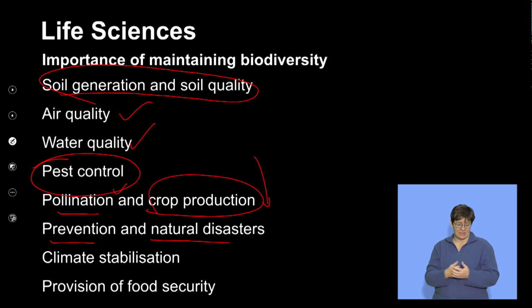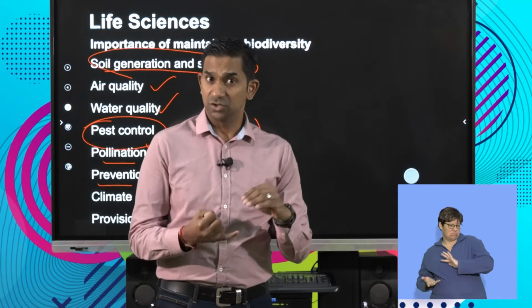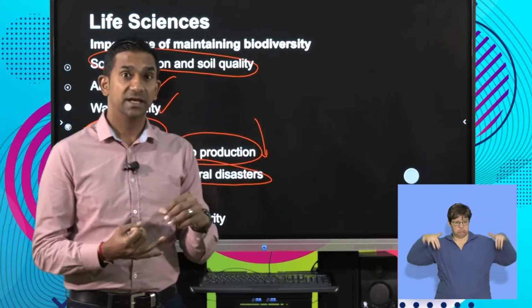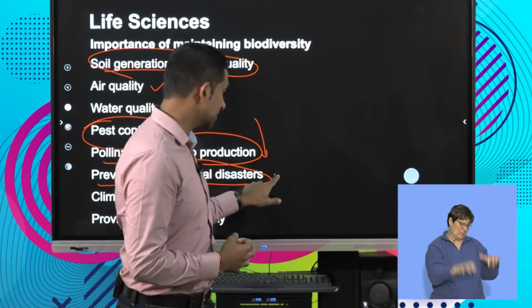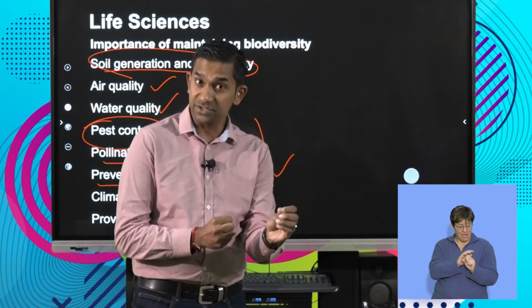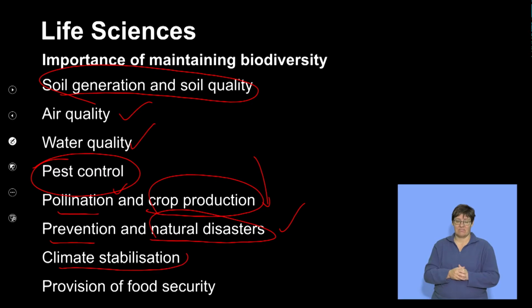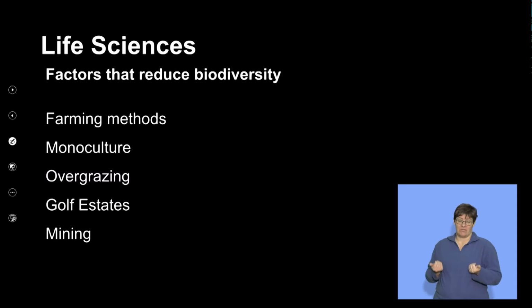Prevention and natural disasters. So we talk about natural disasters such as tsunamis, droughts, heavy rainfalls. And so those are natural disasters which often happen as an impact of humans on the environment. Climate stabilization and the provision of food security are important concepts.